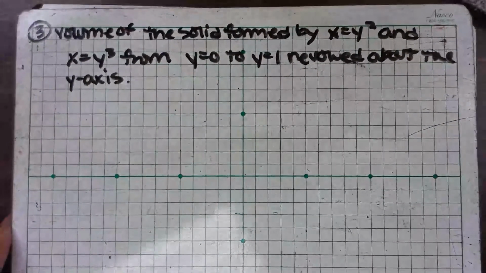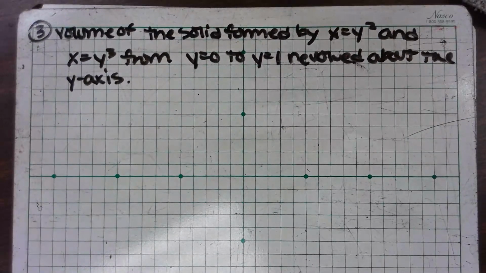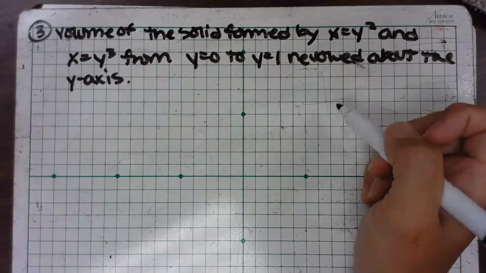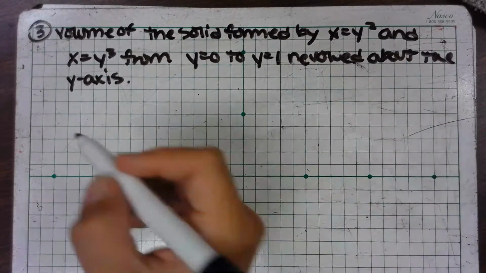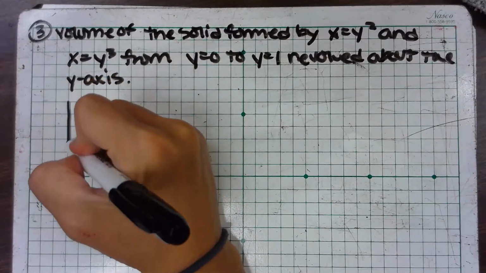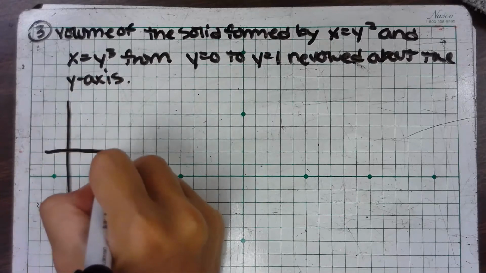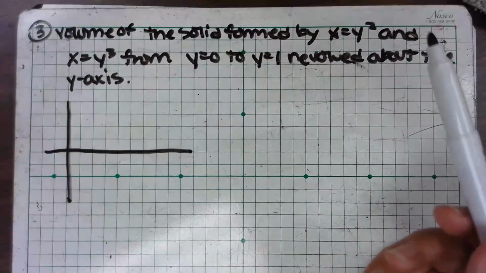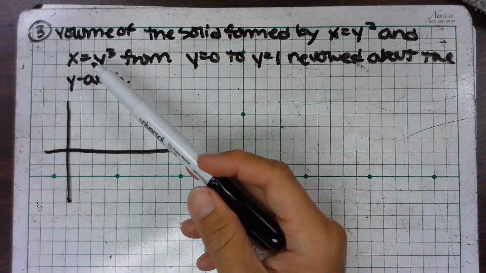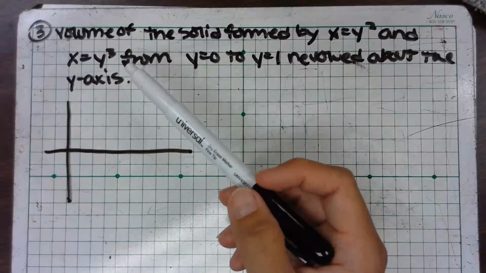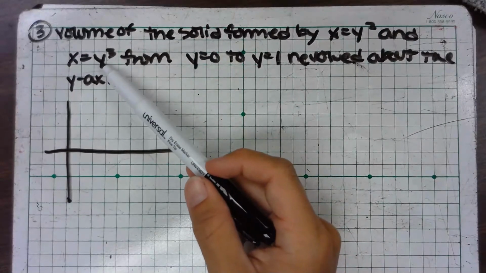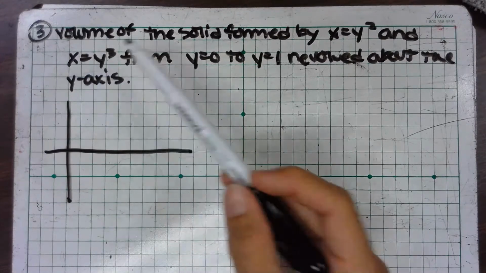Let's look at number 3. The volume of the solid formed by x equals y squared and x equals y cubed from y equals 0 to y equals 1 revolved about the y-axis. So this one time we're revolving it about the y-axis. Here, notice that what we've got, it's x equals.